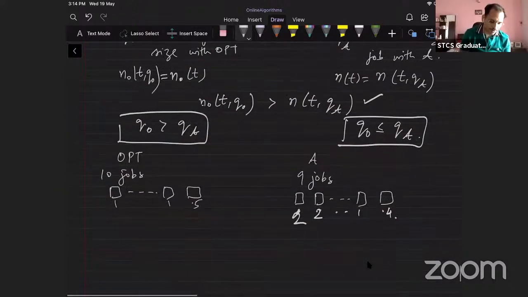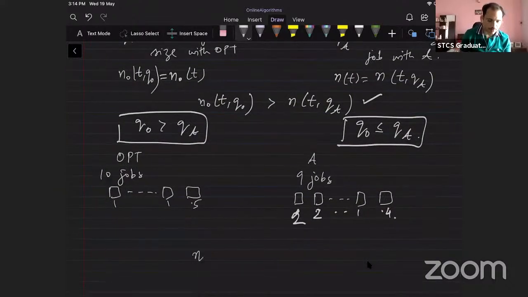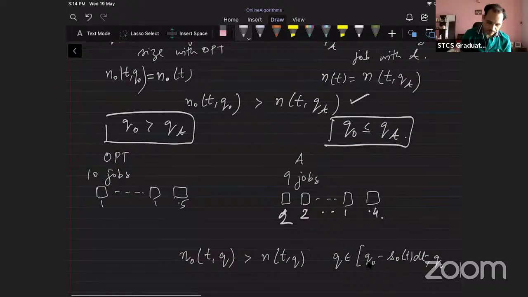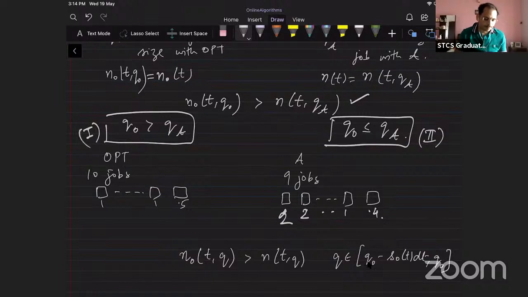Okay, so think about, is this statement correct following the above? That N0 of T comma Q is greater than N of T comma Q for Q belongs to Q0 minus S0 of t dt, comma Q0. Let's call it 2 and let's call this 1. Is this statement true?